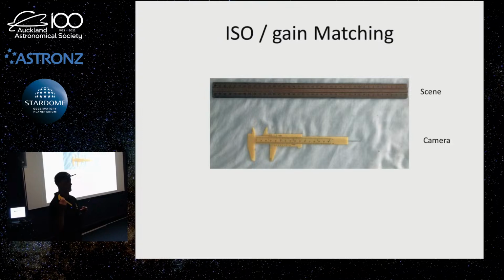In that case, you would increase the ISO or gain of the camera because you're not going to get anything blown out and you're going to get a finer resolution. The whole objective is to match this with this, and there are some circumstances where you want to actually shrink the dynamic range of your camera to match the dynamic range of the scene.